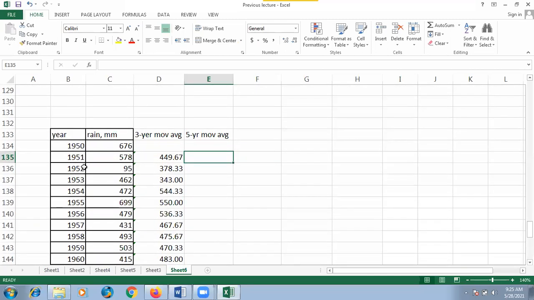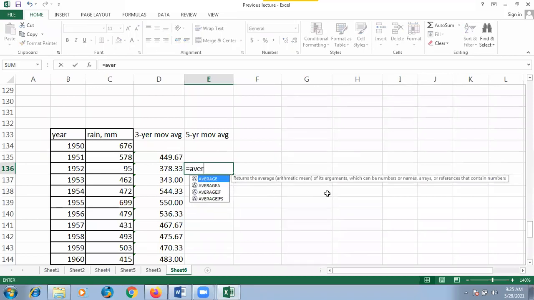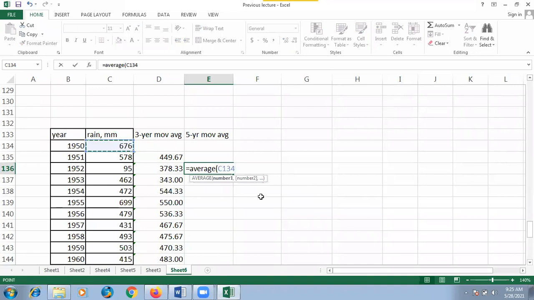That is 50, 51, 52, 53, 54, 5 years. And against the midpoint, that is year 1952, I will have the average of 5 years. 1, 2, 3, 4, 5. So 5 years average I would take.